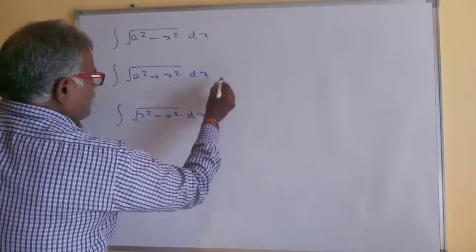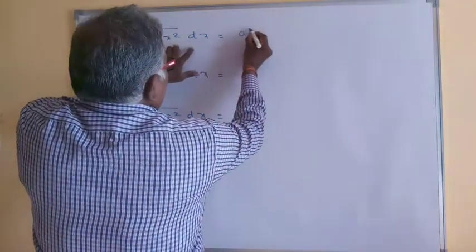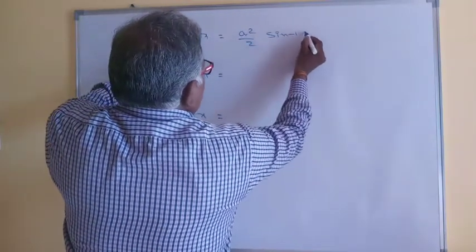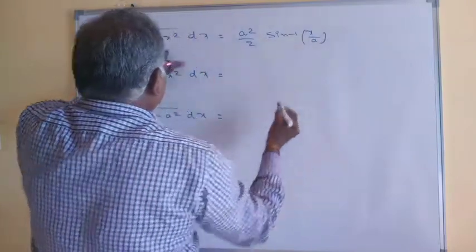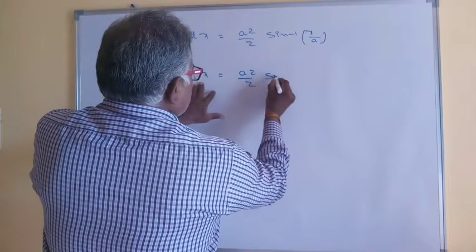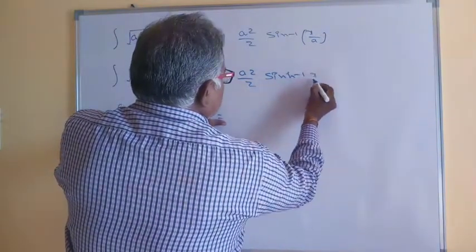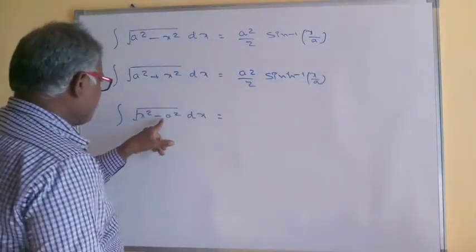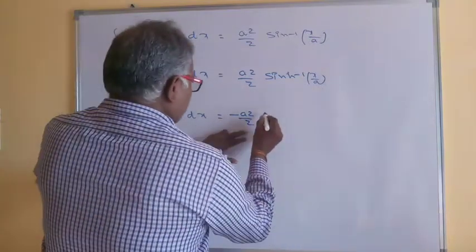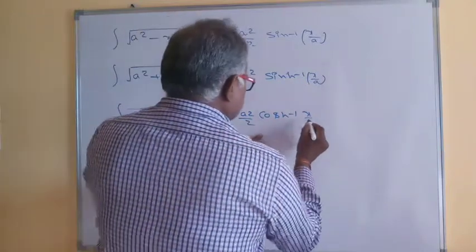Here the first one has a square by 2, and here minus is there, so sin inverse x by a. Here the same, a square by 2, and since it is a square plus x square, sin h inverse x by a. Here x square minus a square, so minus a square by 2 cos h inverse x by a.